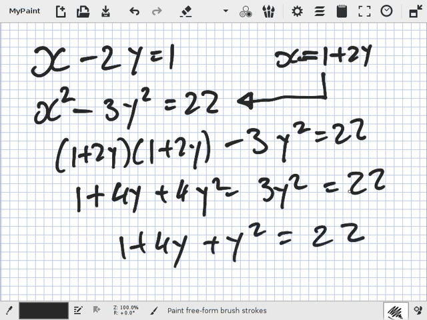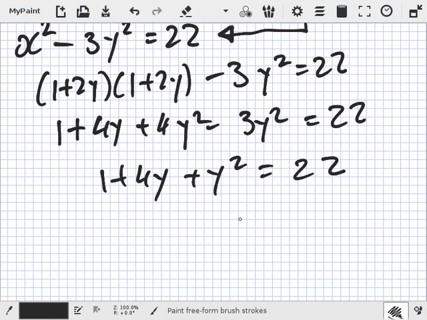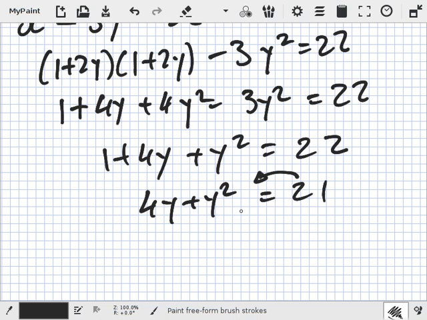Now, Dennis, what should he do next? Because I think this is where he stopped. I took the 1 to the other side. Took the 1, okay. Now what's next? No, that doesn't work. You should have taken the 21 to the left.